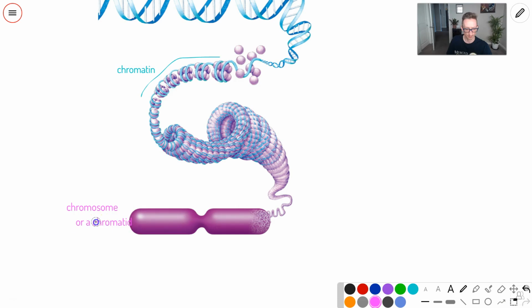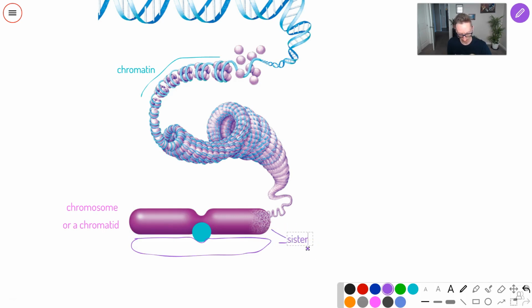Okay? And if we draw another one of these in here, these would now be sister chromatids. And this thing here is a centromere.